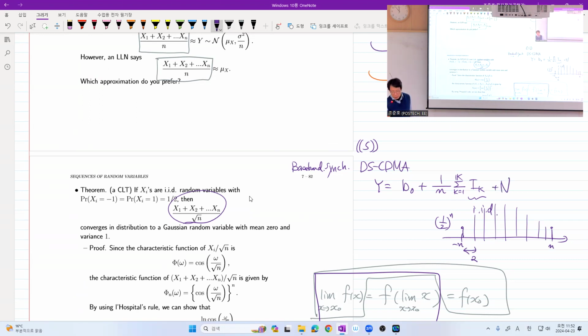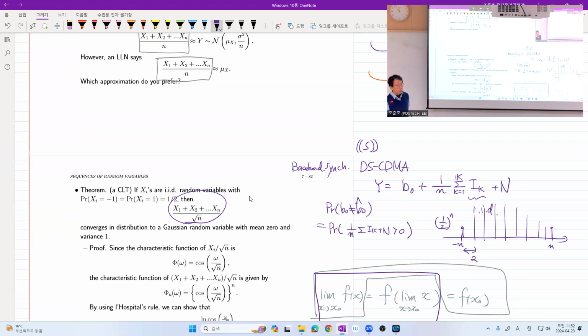And we want to establish something like this: the probability of bit error. That is defined as the probability of 1 over n sum of I sub k plus noise greater than positive 1.